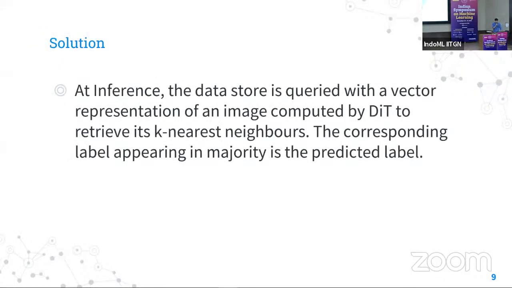At inference, the query image is passed through the DIT again and its vector representation is taken. The data store is queried with it to retrieve its k nearest neighbors, and the majority label appearing among those k nearest neighbors is taken as the predicted label.